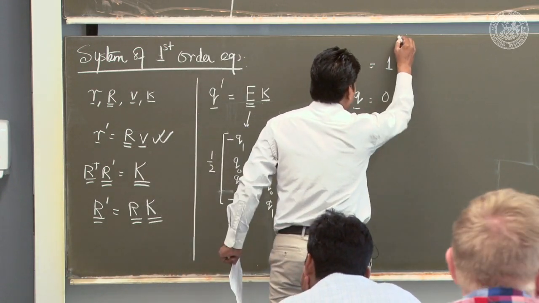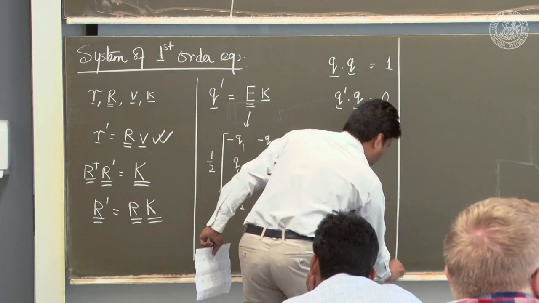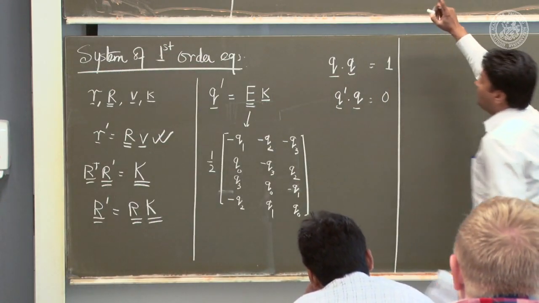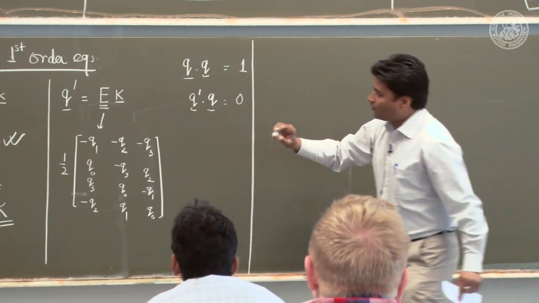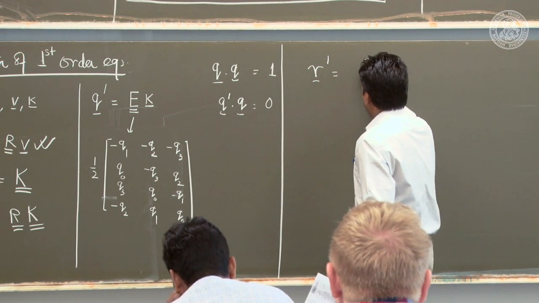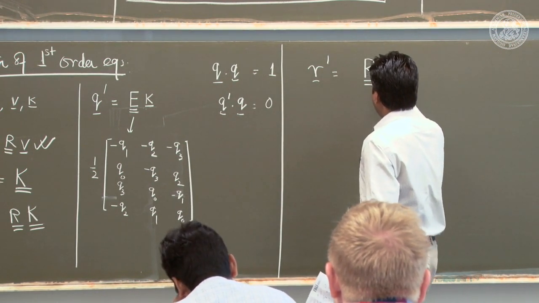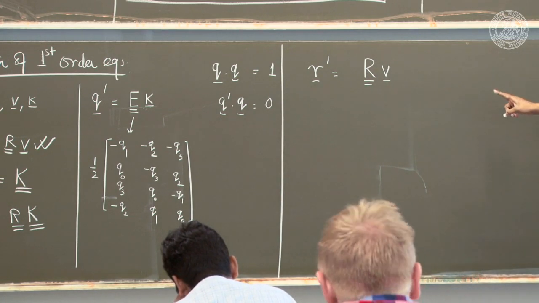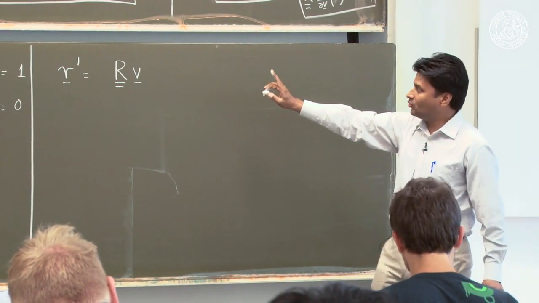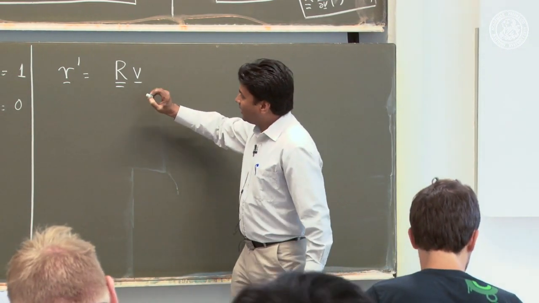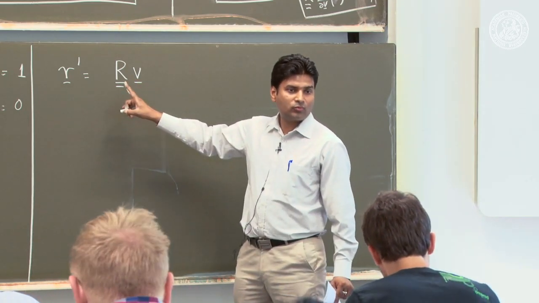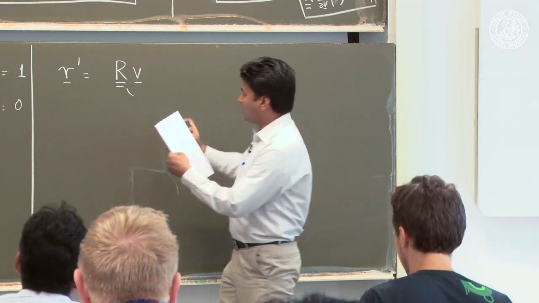Anyway, let's look back at our system of equations. I look at the first equation over there, which is little r prime is equal to big R times V. And this big R, you don't have to remember, but you can note from last lectures that we had written big R in terms of quaternions.